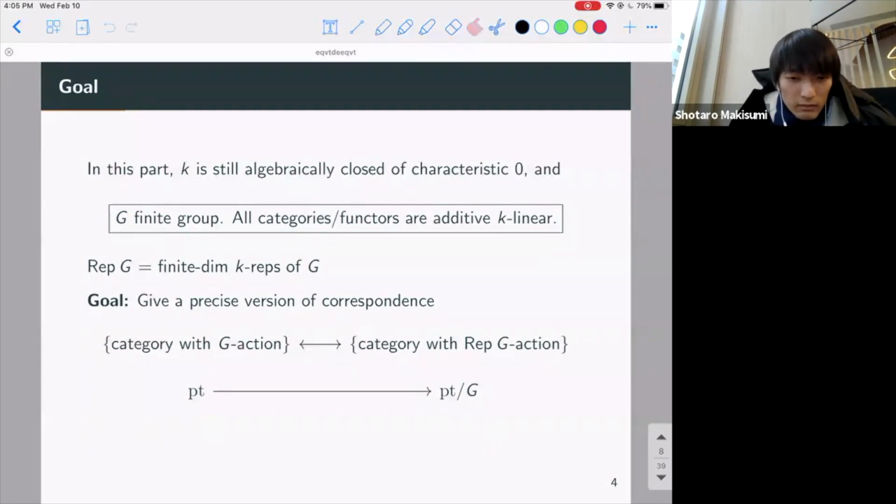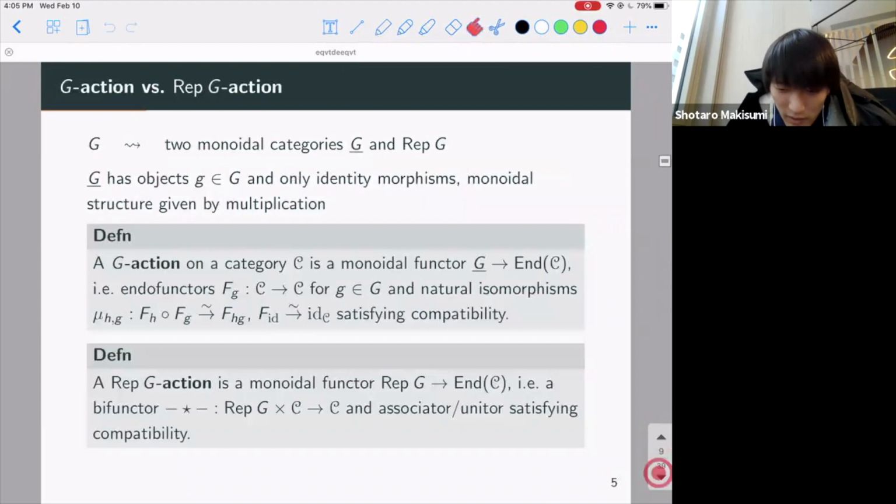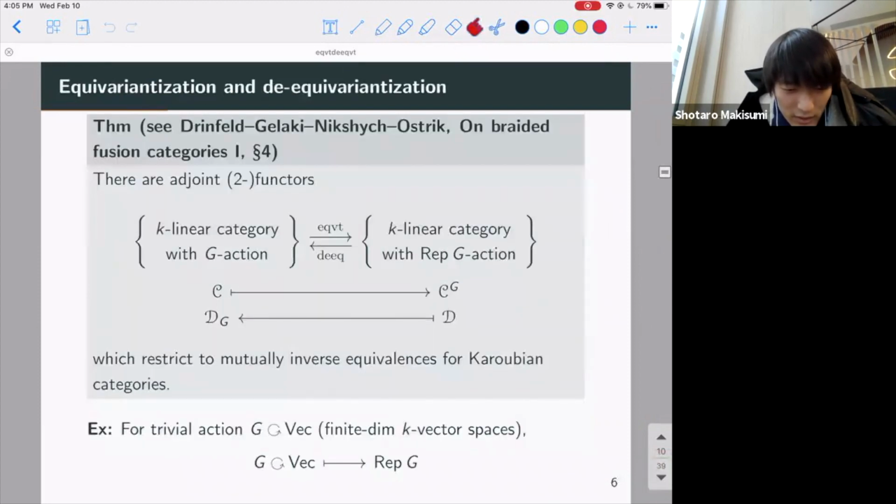The second question was, why does characteristic zero matter? I told you where Karoubian is used: if you go from C to C upper G, C lower G, to show that equivalence you use Karoubian.